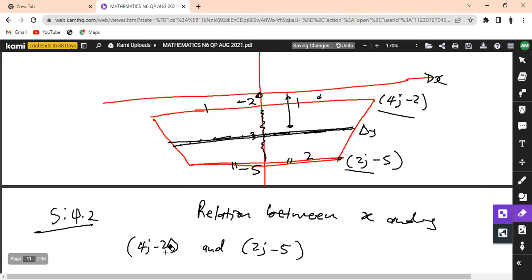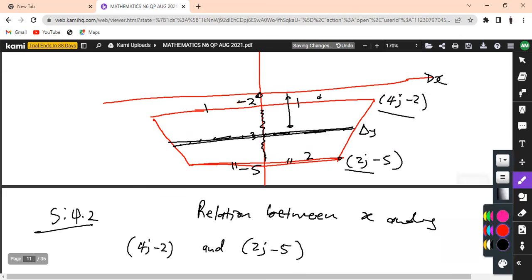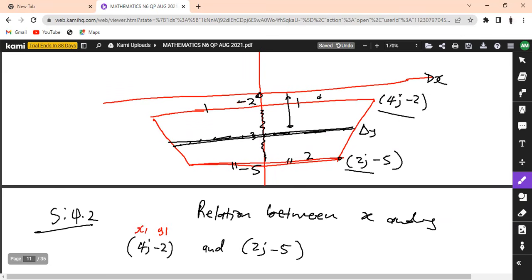Remember the relation: we have to calculate the area, and we have to calculate the length of the line, that is, find the equation of that line. Using these 2 coordinates, we can find the gradient first, then formulate our equation. Remember, guys, your x1, y1, x2, y2.